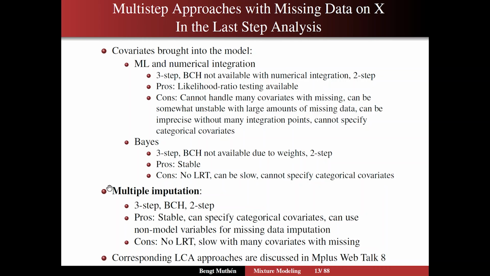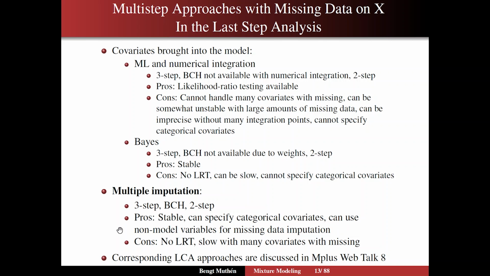We're going to focus on the alternative of multiple imputation of the covariates X in the last step analysis. And in that case, we have all three methods available. The advantage is that that's a stable analysis. You can specify categorical covariates, and you can also use non-model variables for missing data imputation.